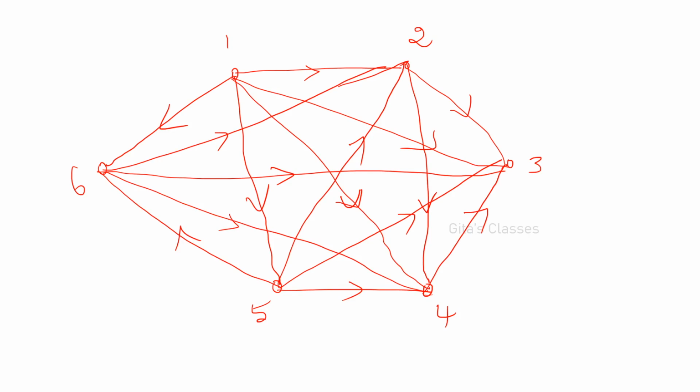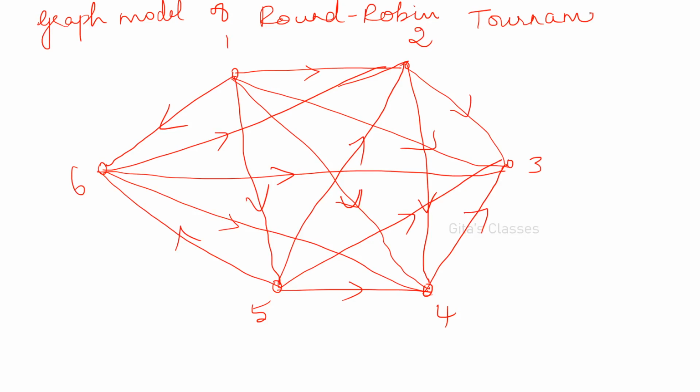Okay, this is a representation of graph model of round robin tournament. This you would have seen even in IPL cricket matches and all, you would have observed. Okay, they will play with all the other teams.